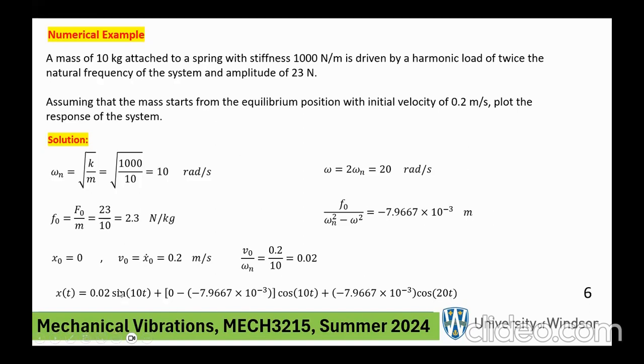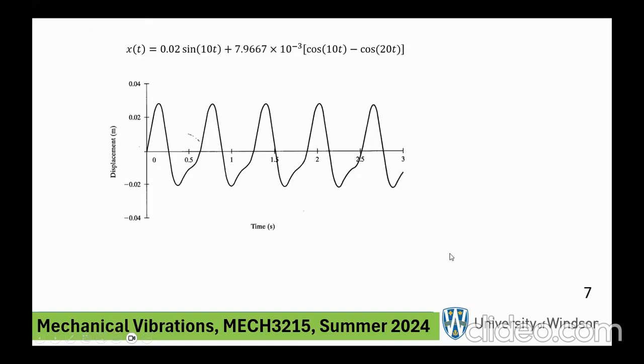These two are omega n. This is omega. And you can plot it, and it looks like that. The only thing is that here I've combined the sines and cosines. I put the cosines together. There's absolutely no reason to write it like that, but there we are.